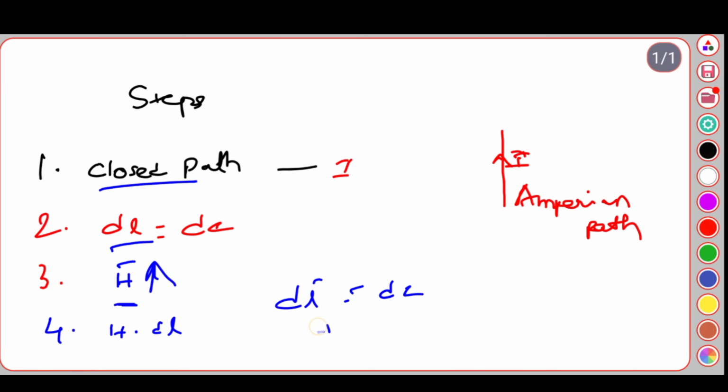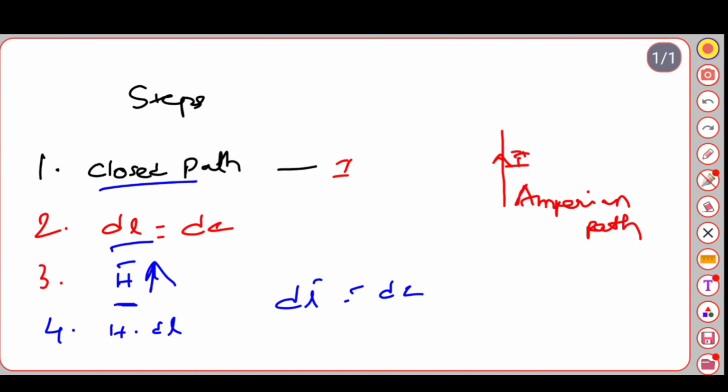If H bar is in the x direction, then the unit vector ax will come, and ax dot az is not equal to 1. Hence we have to consider ax dot ax, which is 1. Hence both must be in the same direction.